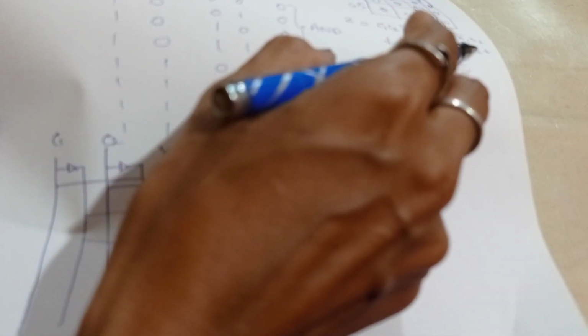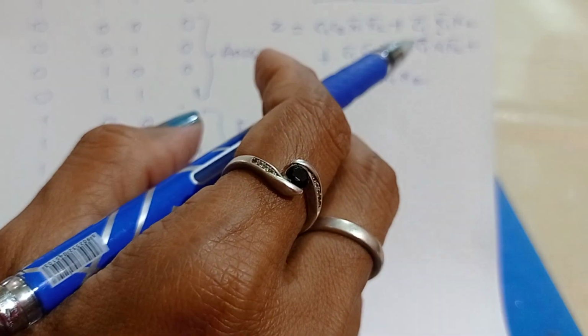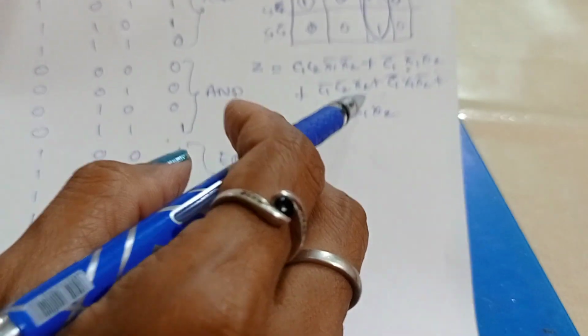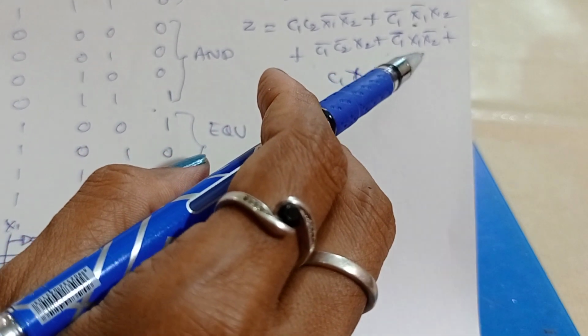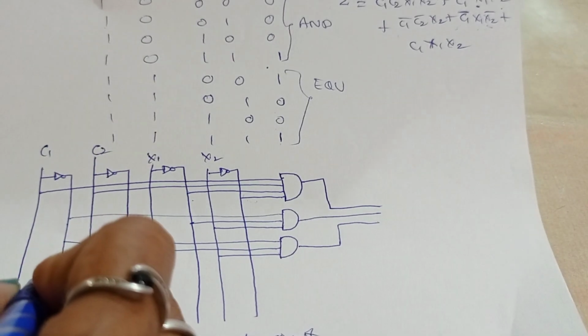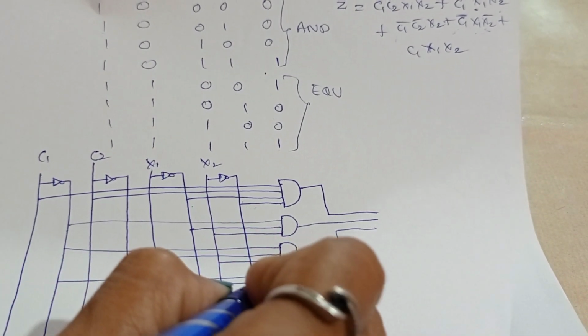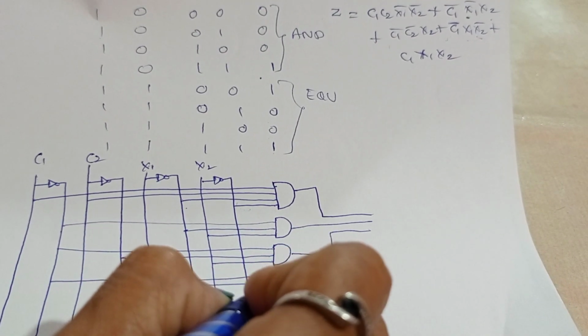Next, C1 bar, X1, X2 bar. So C1 bar, X1, and X2 bar inverted from NOT.